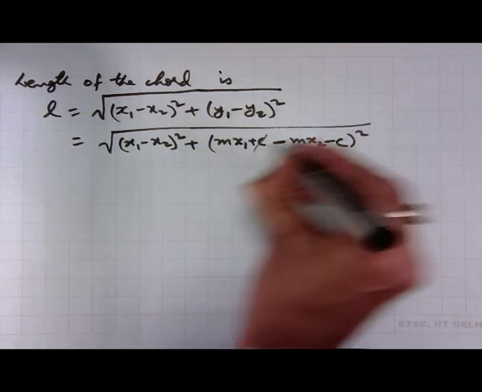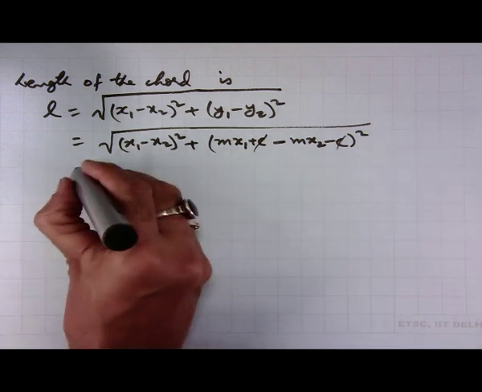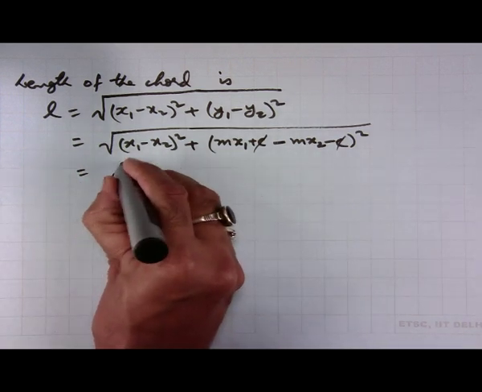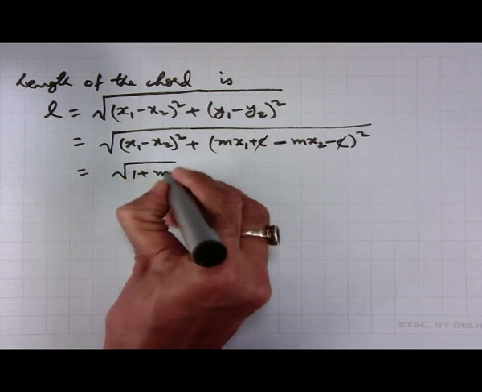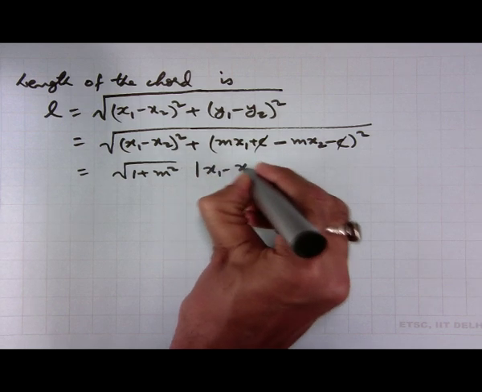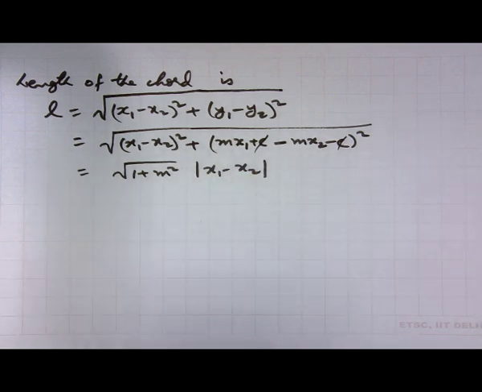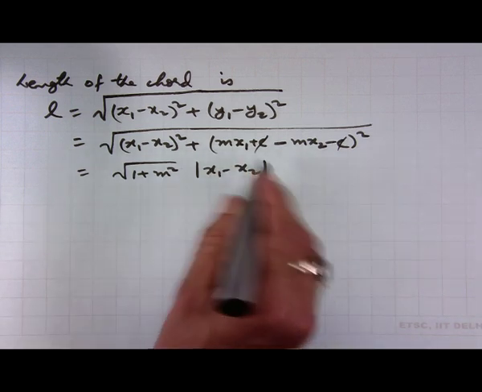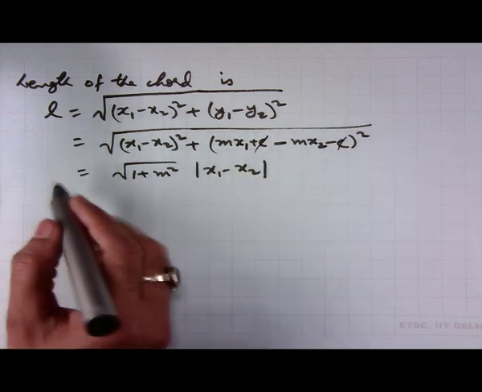So, c cancels here and we get this is equal to square root of 1 plus m square times mod of x1 minus x2. So, we need to find what is mod x1 minus x2 and then we know the length.